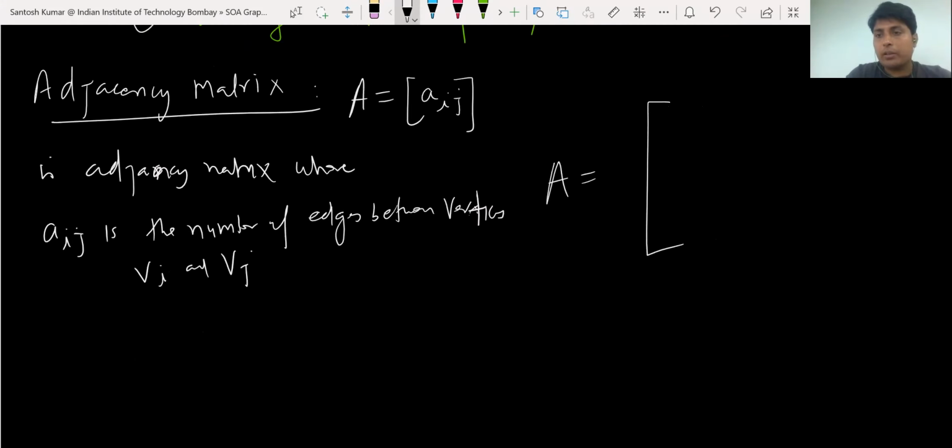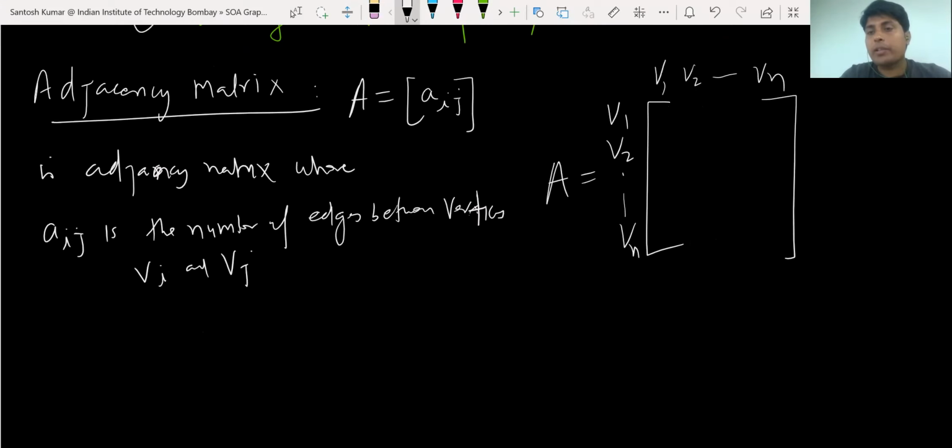We consider that there are n vertices, V1, V2 up to Vn. So rows and columns both are vertices, and the entries will be what? You just count the number of edges between two vertices.